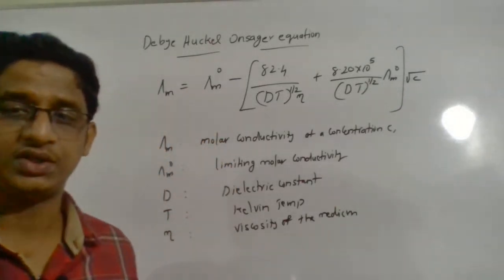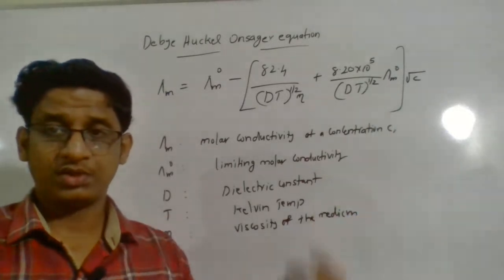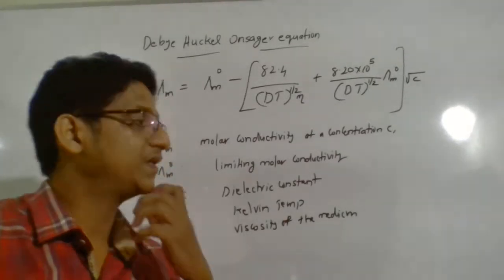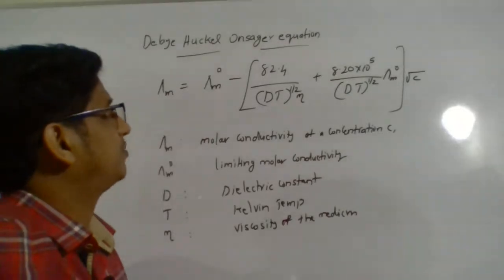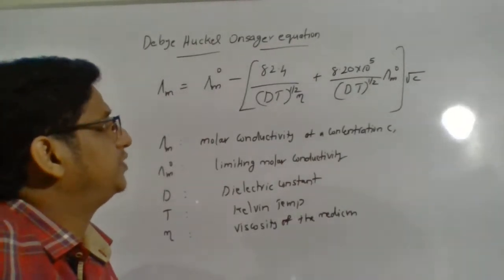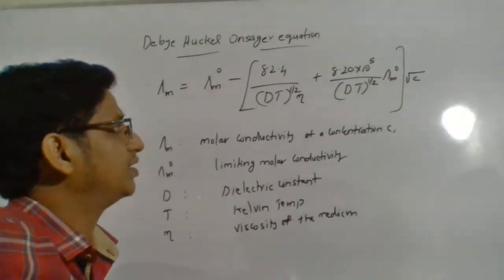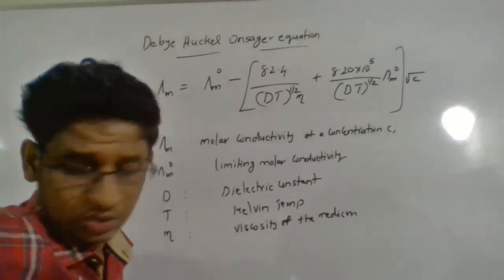So this is the equation for finding the molar conductivity of a strong electrolyte. You can introduce it like this: lambda m is equal to lambda m0 minus 82.4 divided by (DT) raised to half into eta plus 8.20 into 10 raised to 5 divided by (DT) raised to half into lambda m0 into root c.